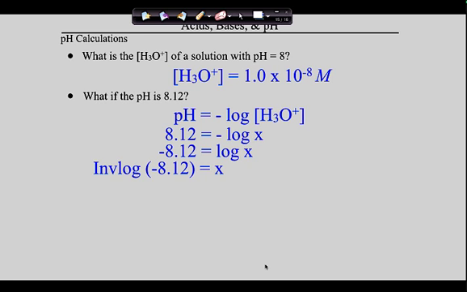So in your TI graphing calculators, you can just type in second log or inverse log of negative, that's the change sign, 8.12. And guys, the answer is 7.59 times 10 to the -9th. If you're not getting that, I would also love to sit down with you individually.